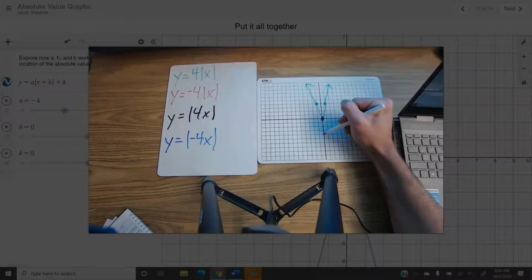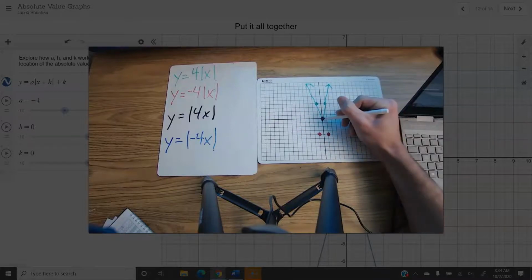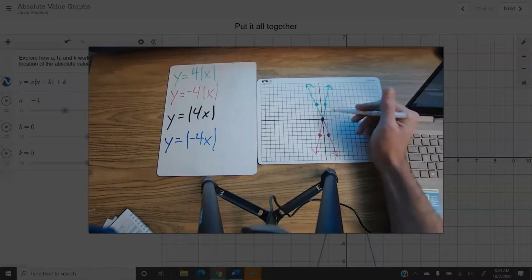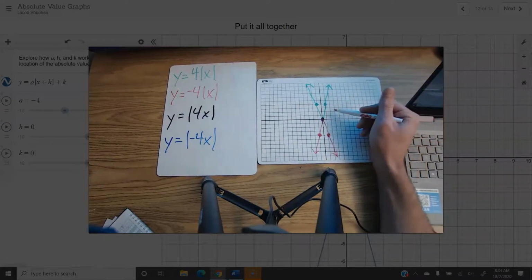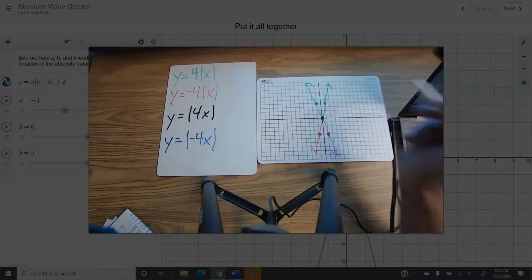And we're still going to go over 1 because it's still over 1. So what we get here is basically a mirror image of the positive version. Okay? It looks exactly the same, it's just going downwards.